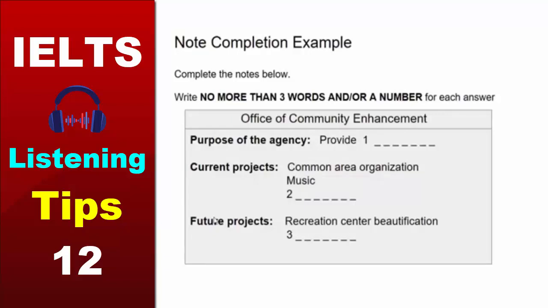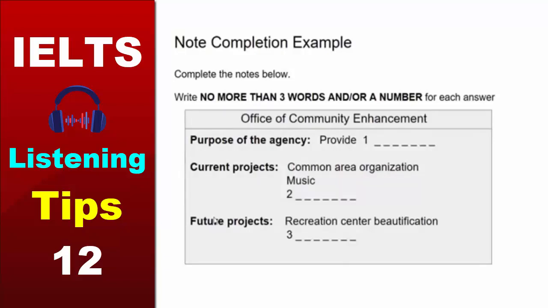So these are current projects, and we know from the provided information that there's a common area organization project going on, there's some type of music project going on, and then we need to figure out, after they talk about this music project, what is the third thing that they're working on currently. Okay, that's different from the things they're planning in the future, our third category.